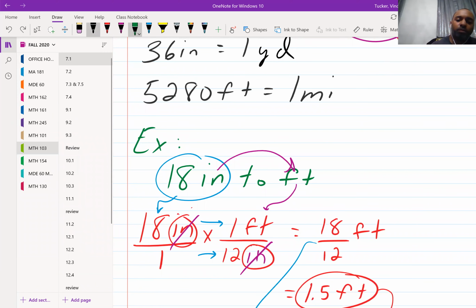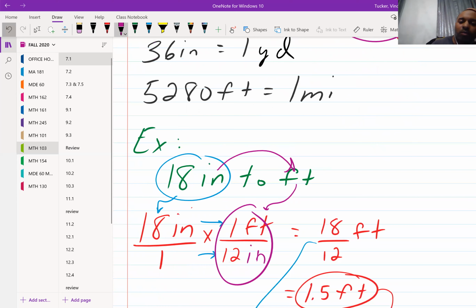I have 18 inches. You place that over 1. Then I use the conversion factor of 1 foot over 12 inches. Once again, I want to make sure that my inches are in this denominator so that they can cancel out with the inches in my numerator. And notice that leaves me in feet, which is what I wanted to get to.